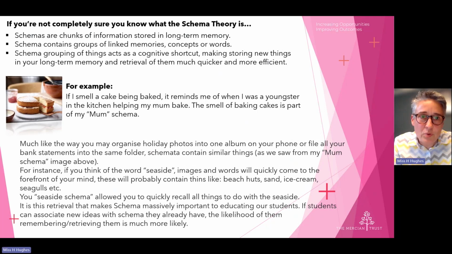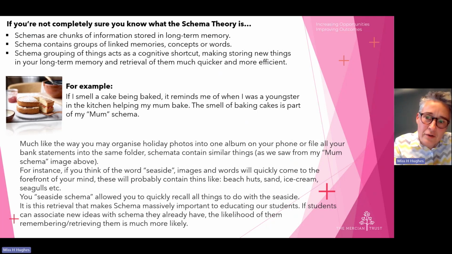A simple example would be my mother, God bless her, she is the most amazing baker. She makes just gorgeous cakes, and currently is on Christmas cake drive. But whenever I smell a cake being baked, at the age of 48 now, I go back to being a youngster, helping, possibly hindering my mum in the kitchen.